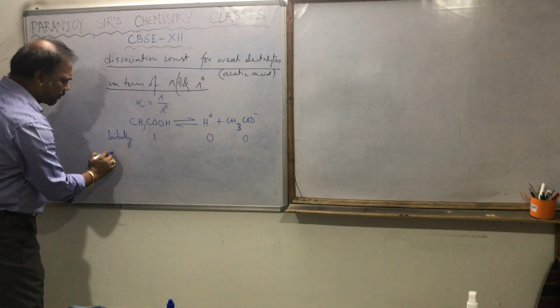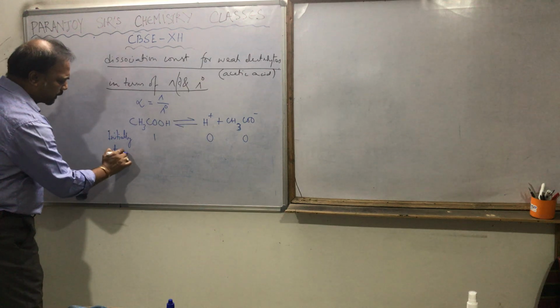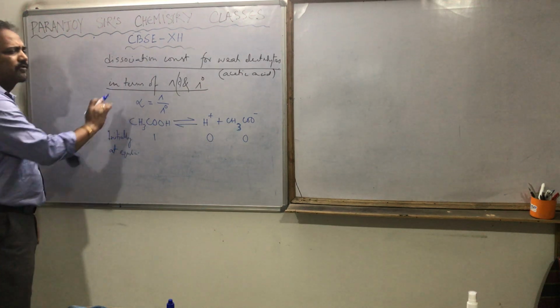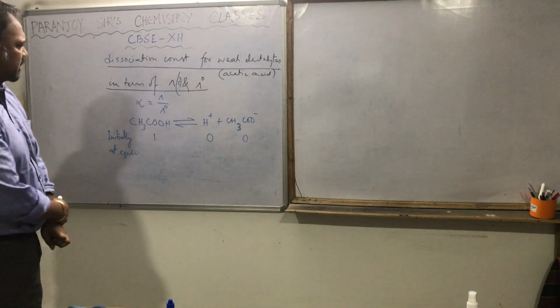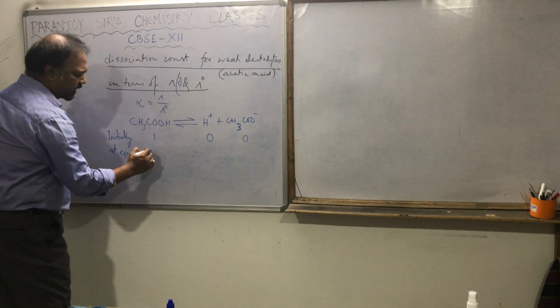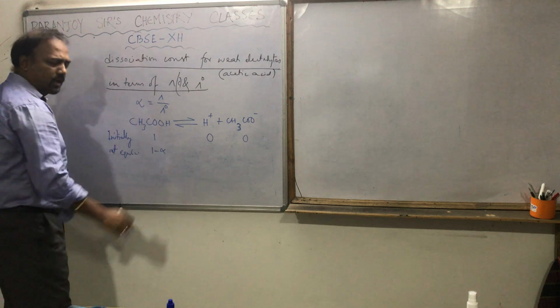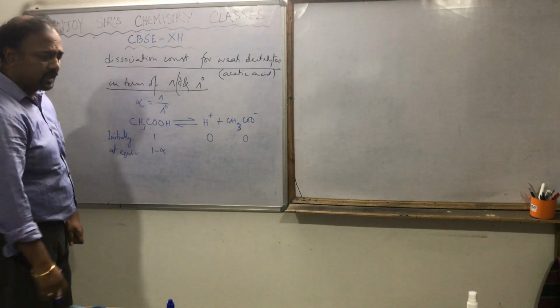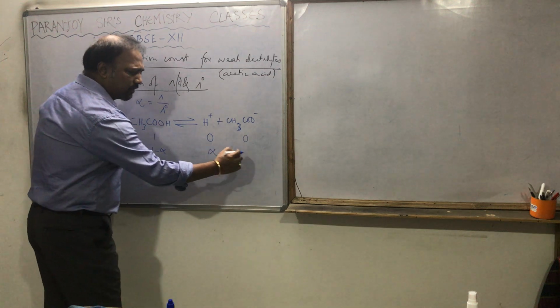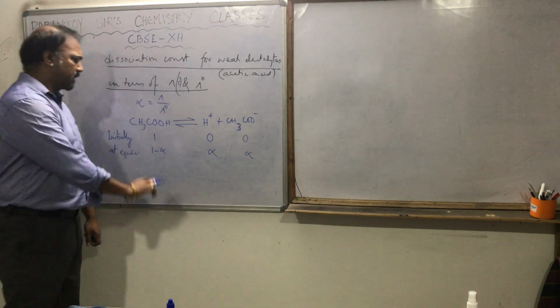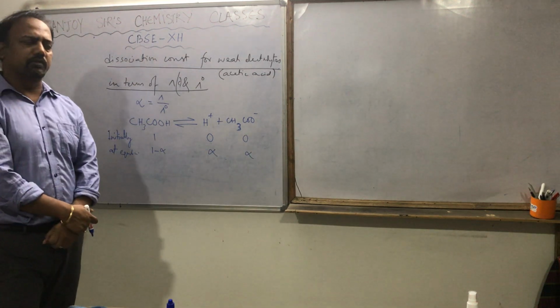When equilibrium is reached, if the degree of dissociation is alpha, that means if alpha moles undergo dissociation, the amount of CH3COOH that will remain is 1 minus alpha. We already did it in class 11, so I am not going to repeat why alpha mole of H positive and alpha mole of CH3COO negative will be generated. That is the number of moles at equilibrium.